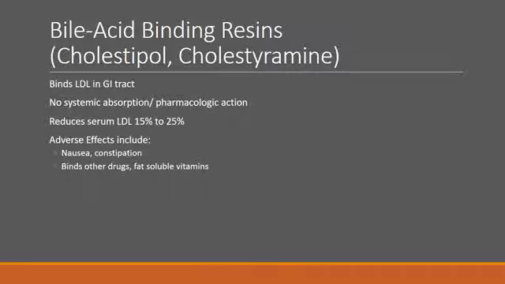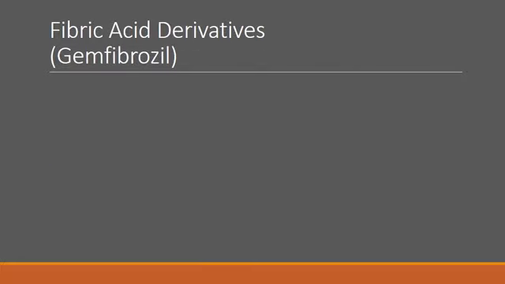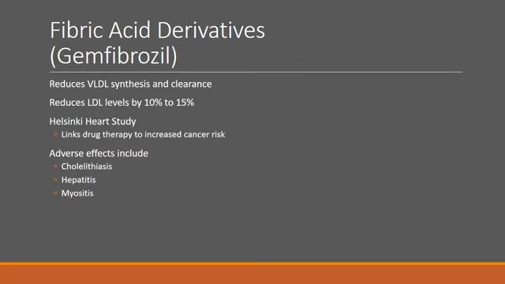Additionally, if these medications are combined with other drugs, especially fat-soluble medications, it can prevent the uptake of those fat-soluble medications as well. Next, looking at the fibric acid derivatives, this is like gemfibrozil. The effects that we tend to see here is a moderate reduction in VLDL and LDL levels.